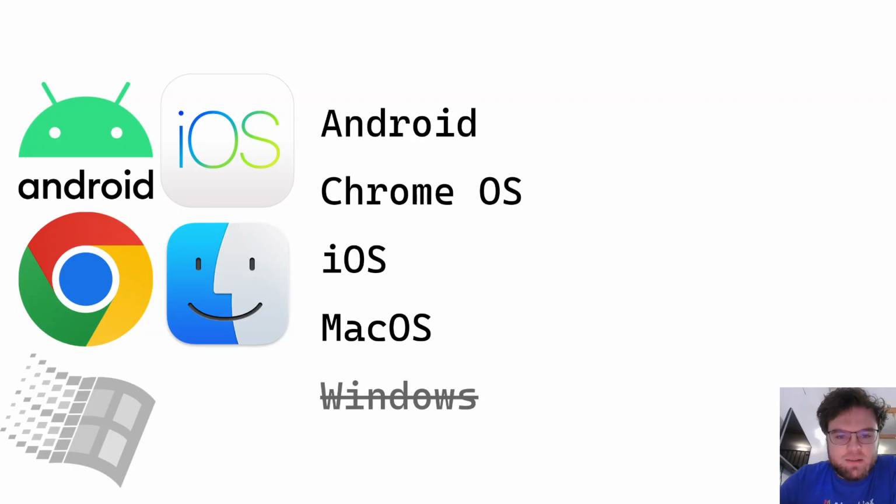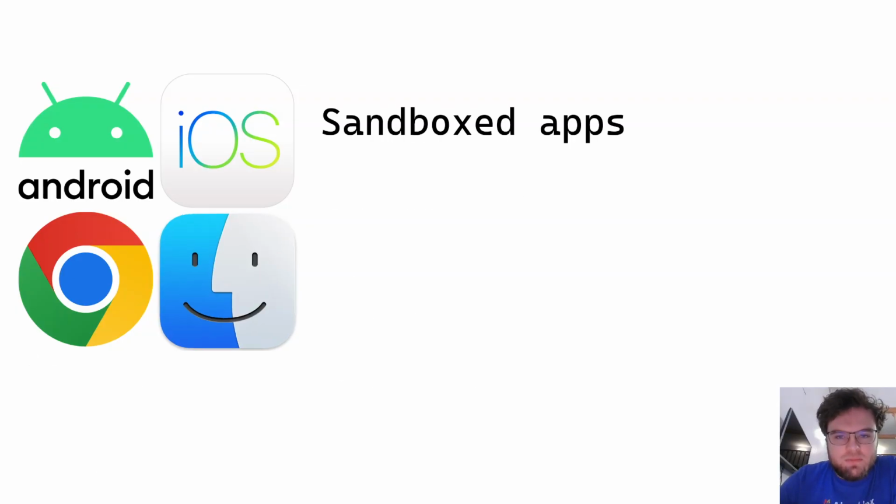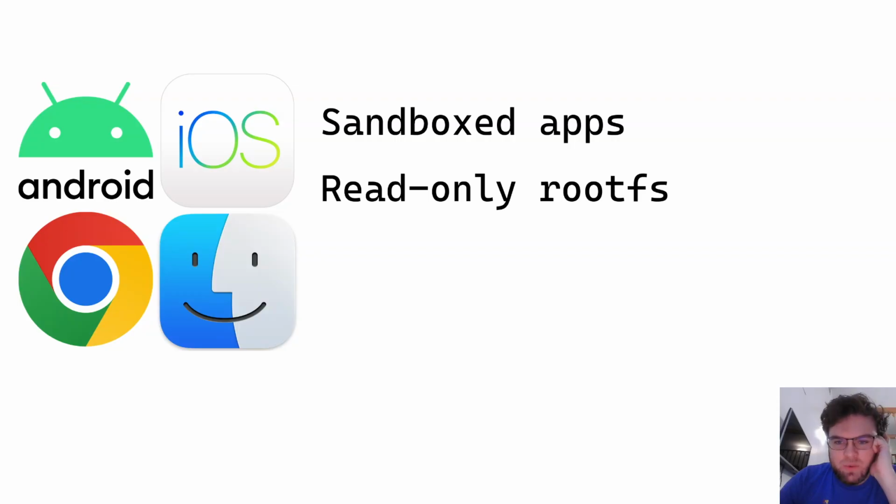What do they have in common? Well, they have sandboxed apps. When you install an Android application and uninstall it, it doesn't leave stuff behind. When you install a new update, it doesn't half apply. They have read-only root file systems. You have to root your Android phone to change the system files or jailbreak your iPhone.